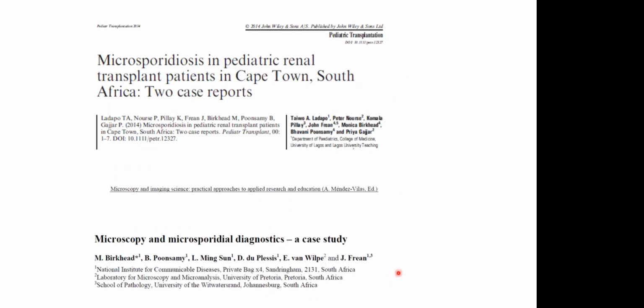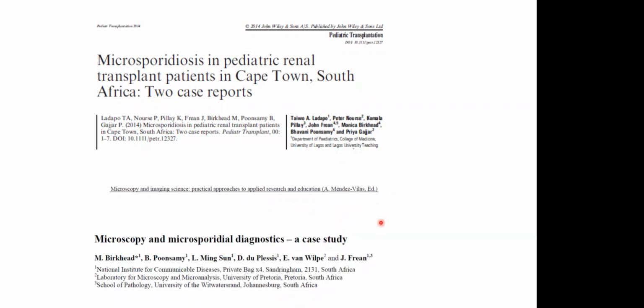Monica Birkhead, our EM expert, also published a very nice case study on the various microscopic techniques used to diagnose and identify the disease.